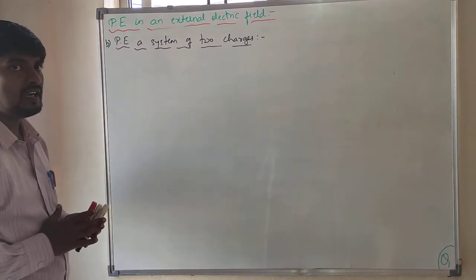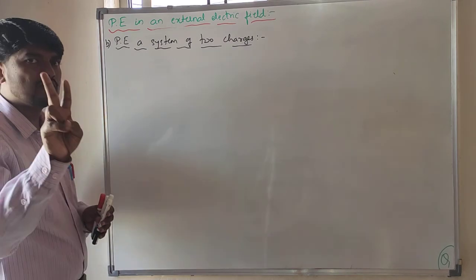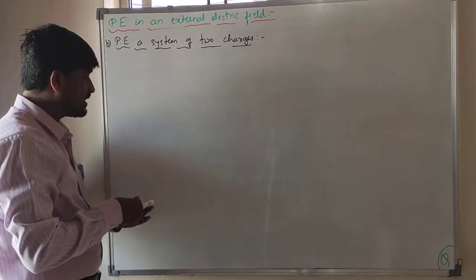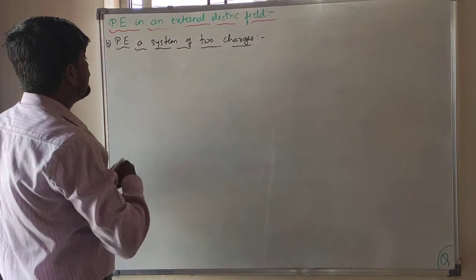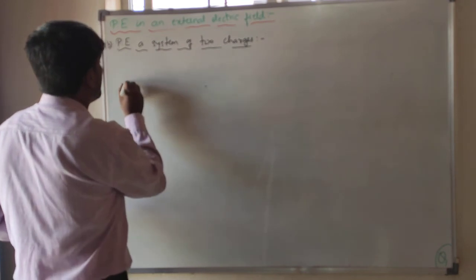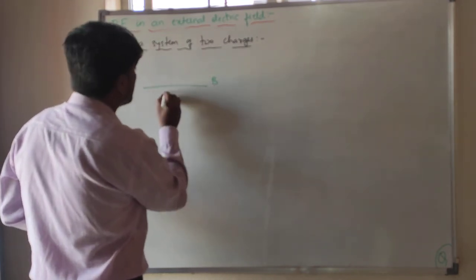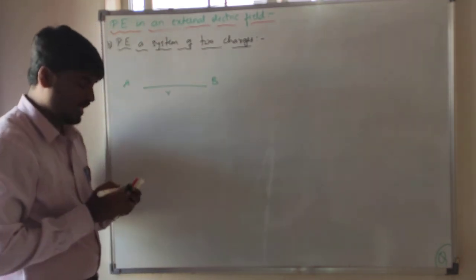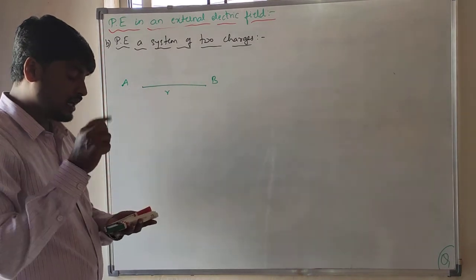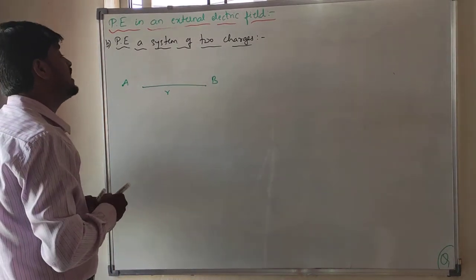In this field, I have to consider two important points because two charges are there, say point A and point B, and the distance between them is R. Afterwards, I have to bring the charge Q1 from infinity to the point, against the electric field.